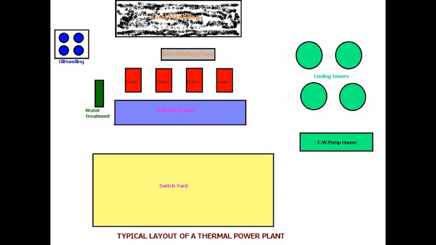So we find all the station based layouts are arranged in such a way that common facilities are surrounding the main plants and the boilers are placed side by side.